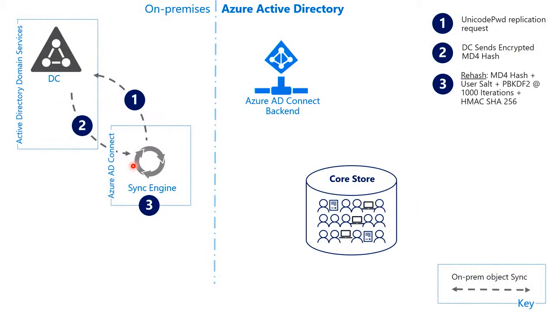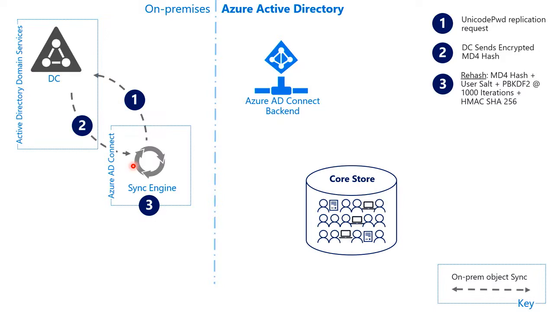AD stores the password hashes using MD4, and that's a hashing function that has been around for a long time. The AD Connect agent rehashes this value with modern crypto. First, we take the 16-byte original value and we adjust it so it's 64 bytes. Then, the agent creates a random 10-byte salt for each AD hash and appends it to the original value.